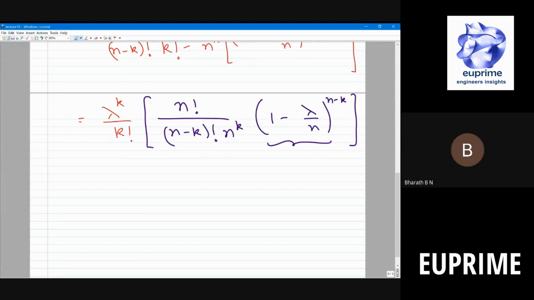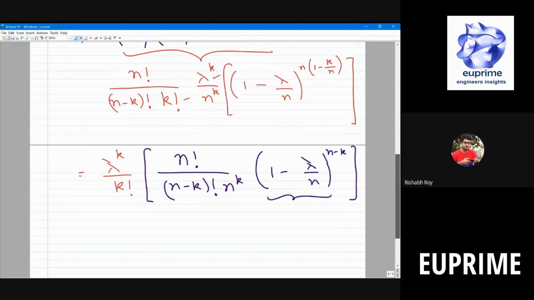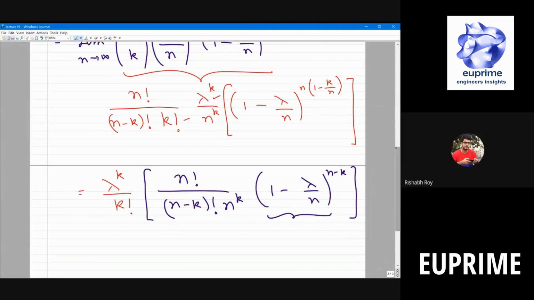Sir, in the previous step, it will be e to the power minus lambda k. Which one? The last step. If we take n tends to infinity, the limit goes to e to the power minus lambda k.